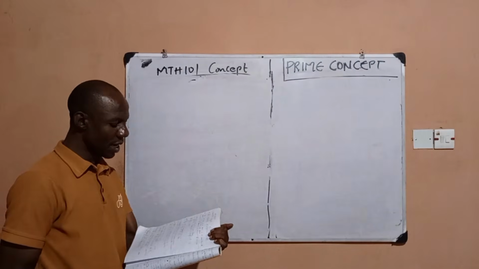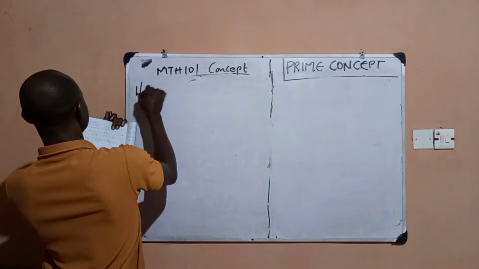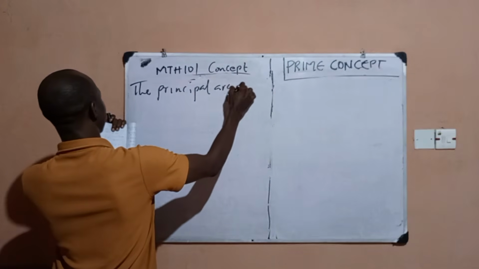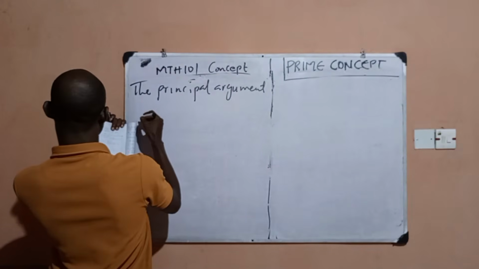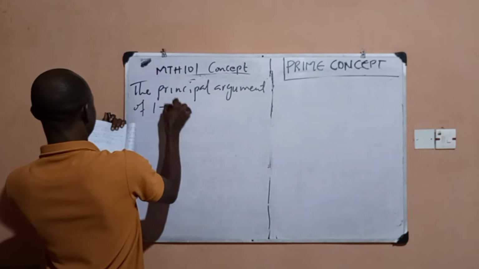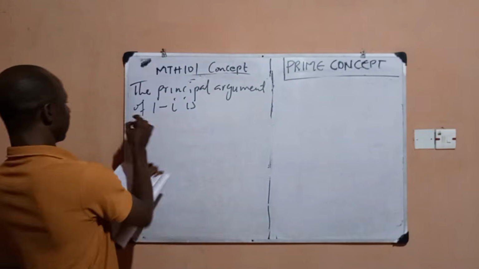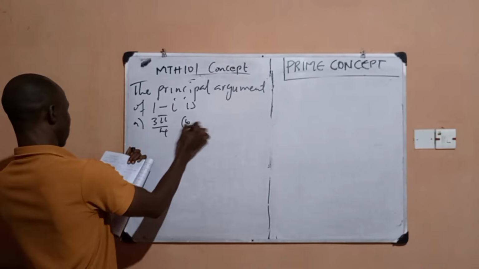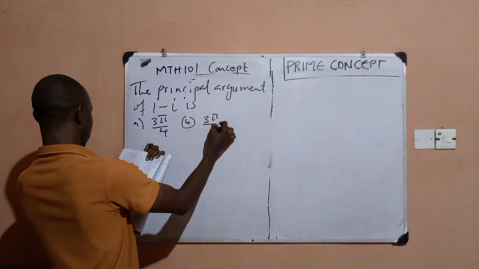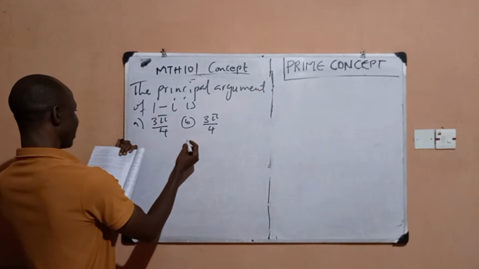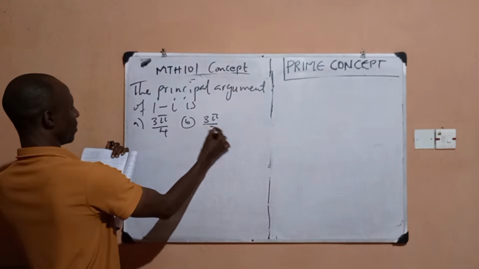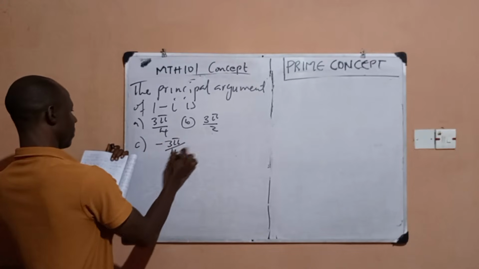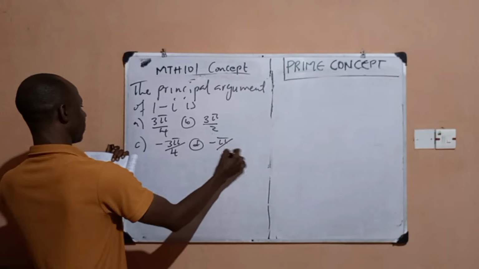So they said the principal argument of 1 minus i is... option A is 3 pi over 4, option B is 3 pi over 2, option C is minus 3 pi over 4, option D is minus pi over 4.